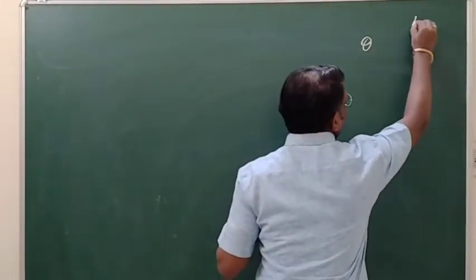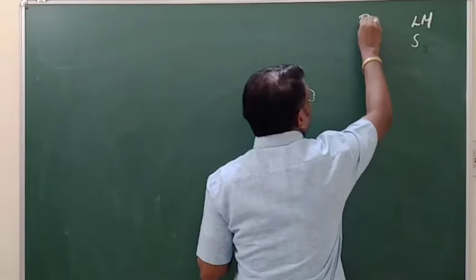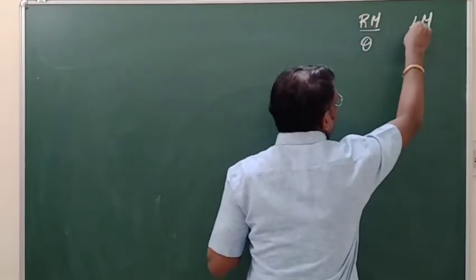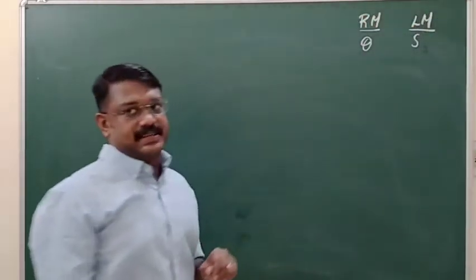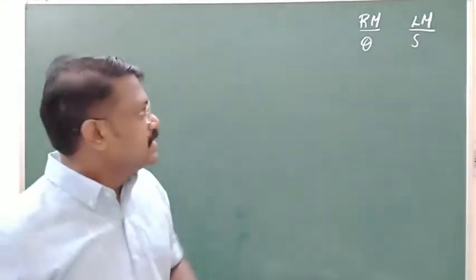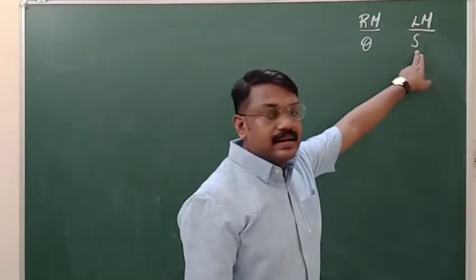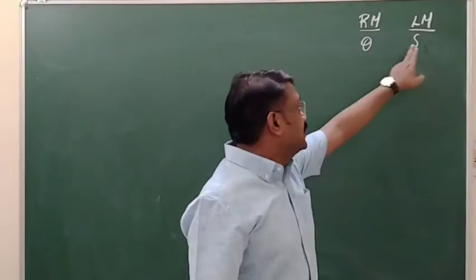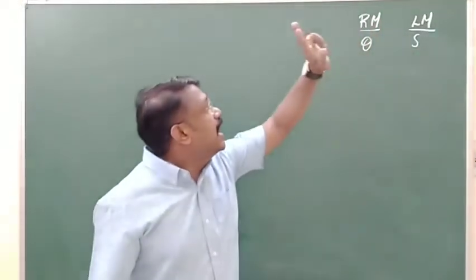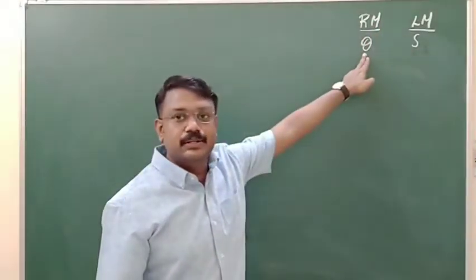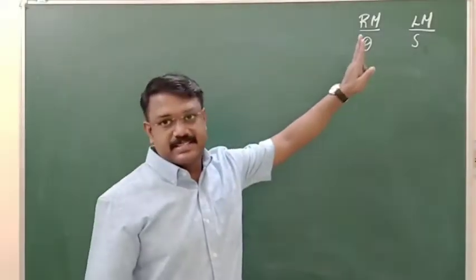This is linear motion and this is rotational motion. Keep these two terms in mind, linear motion and rotational motion. In linear motion you have displacement, and in rotational motion it changes into angular displacement theta.